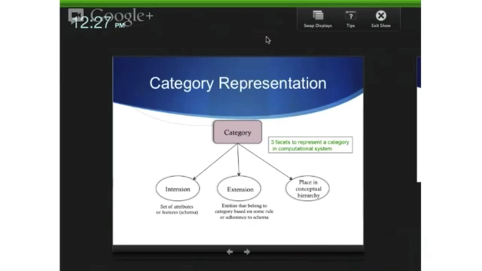The third is the place in the conceptual hierarchy. In general, we normally use intension and extension. The reason I also used place in conceptual hierarchy is that we are dealing with conceptual changes, and it often happens that the category's intension and extension don't change, but its place within the conceptual hierarchy moves around.